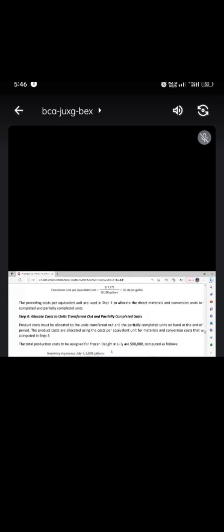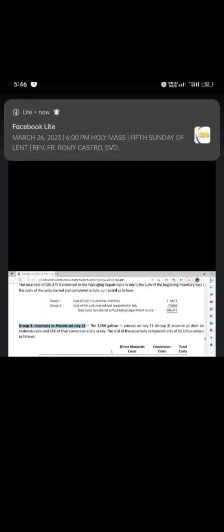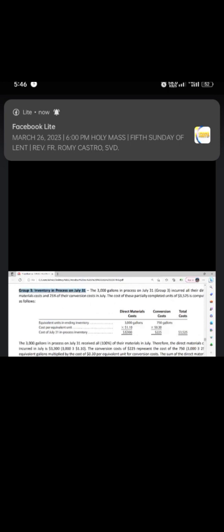So, mura na nimo ni siya og ang 17,775 gibulag-bulag nimo sa 3 groups. Okay, remember, assignan ba na nimo og cost ang 3 groups. So, for group 3, naa siya 3,300 nga direct materials cost and 225 na conversion cost, a total of 3,525.